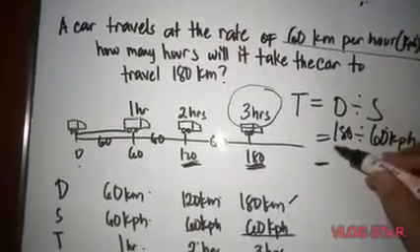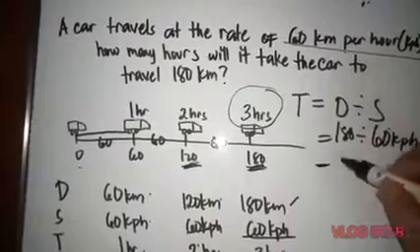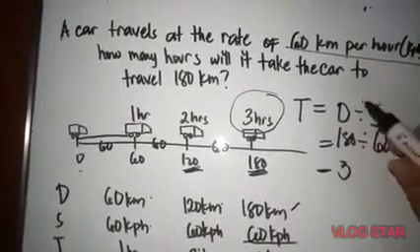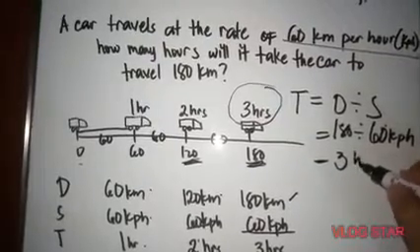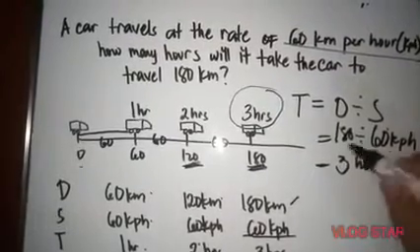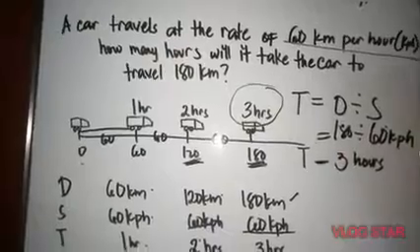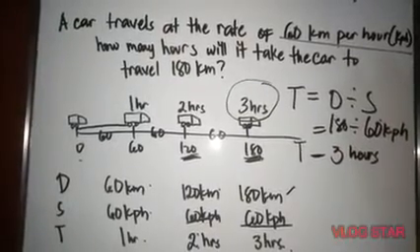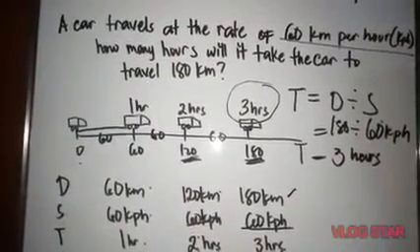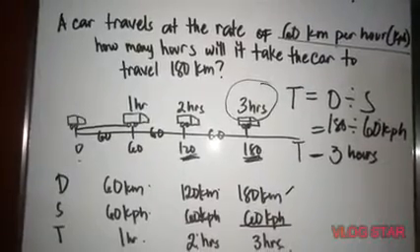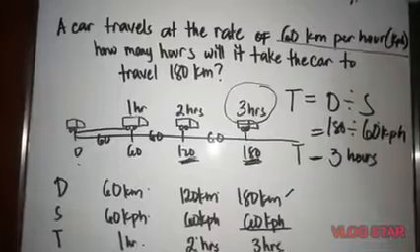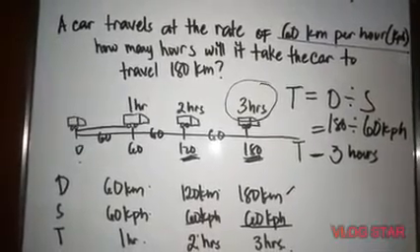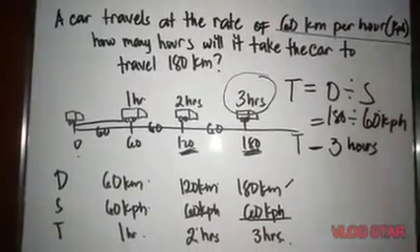So just divide 180 by 60. The answer is 3. Since we're talking about hours, that is the time. So it takes 3 hours to travel 180 kilometers at the rate of 60 kilometers per hour.